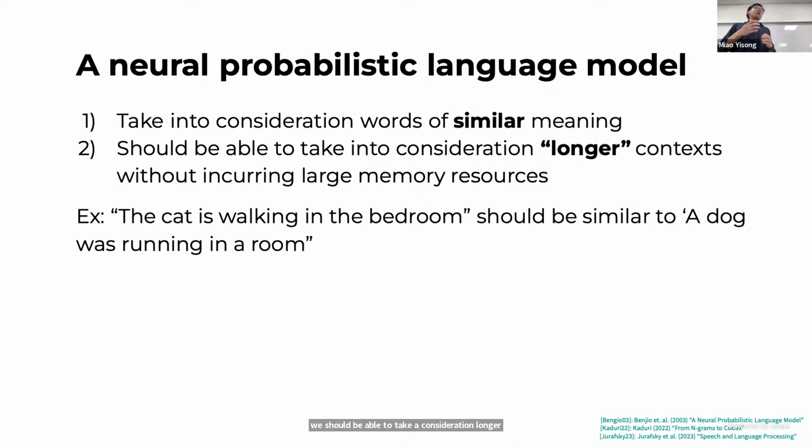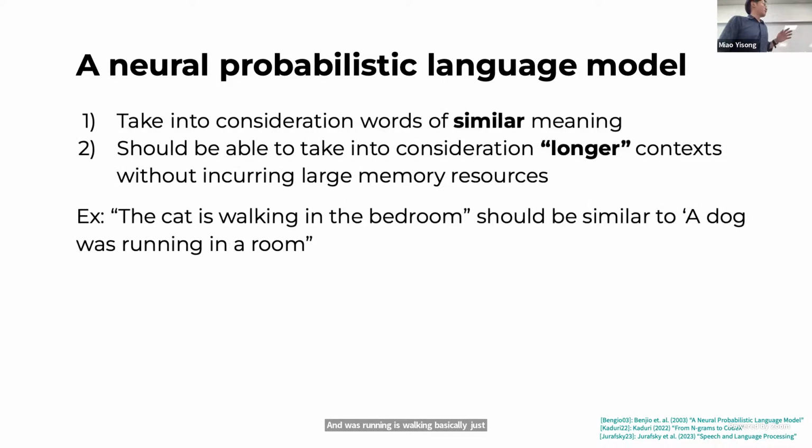So in this context, we look into this example of how the cat is walking in a bedroom. It's similar in meaning to this sentence, a dog was walking in a room. So in this case, we know that the cat and a dog is basically just referring to one animal, and a room or a bedroom is just a noun in itself. And was running, is walking, they're basically just verbs or prepositions, whichever grammatical term you want to use.